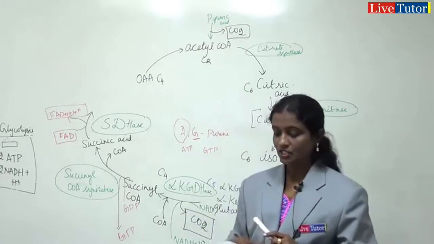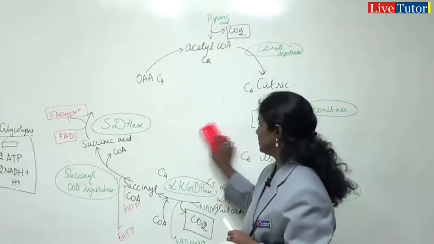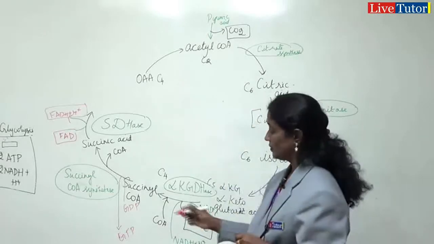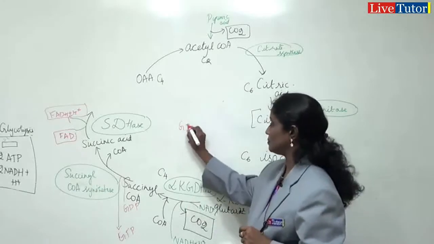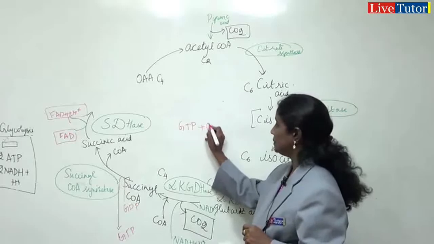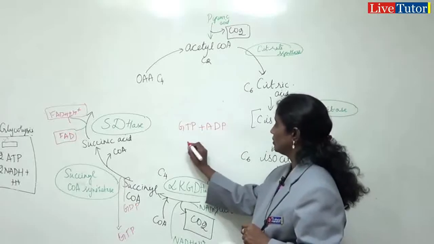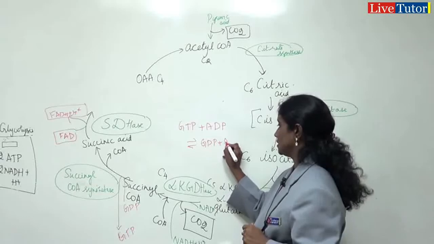Here it is GTP which is formed at this juncture, where straight away we can even stop with GTP, or we can convert the GTP into ATP. Keep in mind, GTP is formed in this step, plus ADP will form GDP plus ATP.